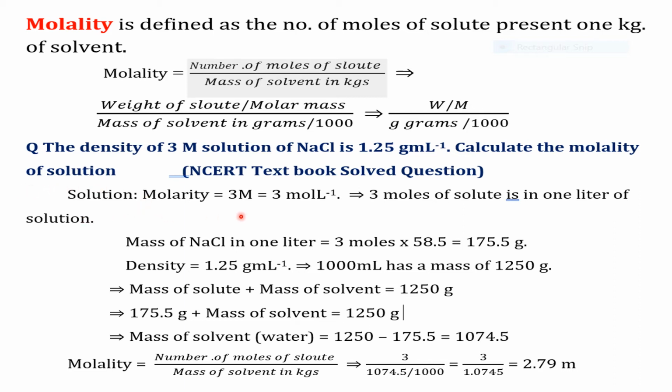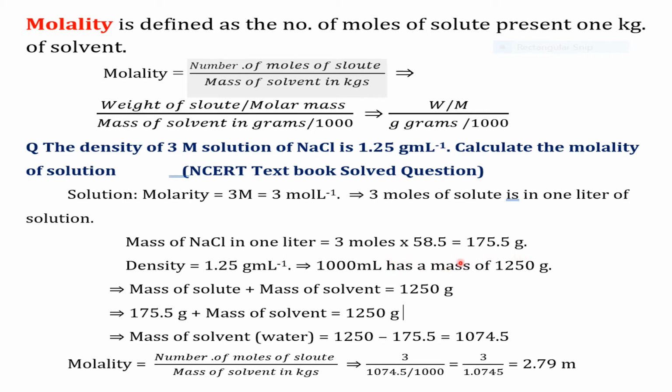Now the molarity is 3M, which is understood as 3 moles of a solute is present in 1 liter. So mass of sodium chloride in 1 liter equals number of moles into molar mass. Since we have 3 moles in 1 liter, 3 moles into 58.5 equals 175.5 grams.